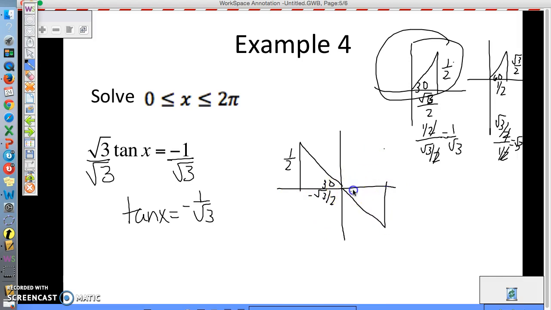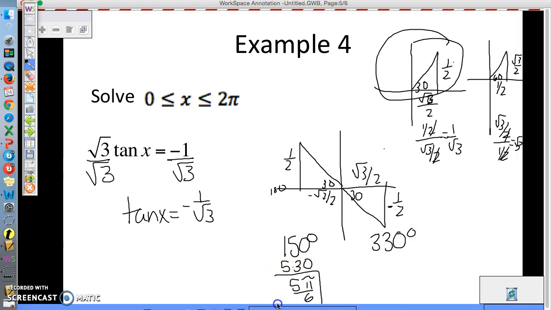So 30 degrees, 1/2, root 3 over 2, and this would be negative 1/2. So we'd end up with that negative. So what are our angles here? Well, 30 above 180, so we have 150 degrees and 330 degrees. But again in radians, this is 5 times 30, so we have 5 pi over 6, and 330, 11 pi over 6, because this is 11 times 30.